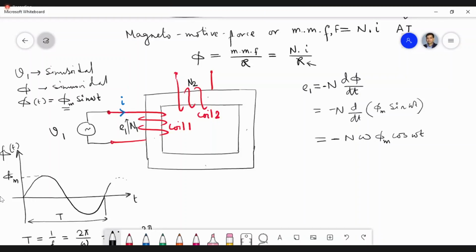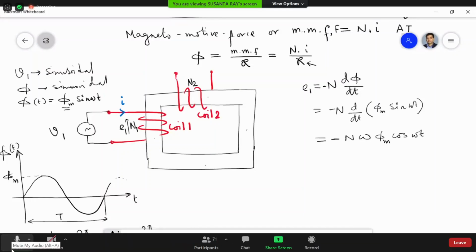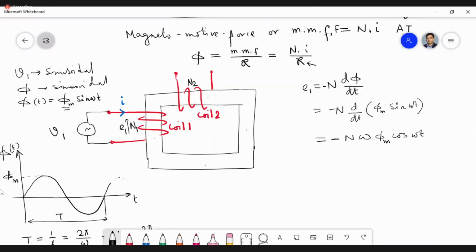So that means what type of waveform are we getting? Is it a sinusoidal waveform or different? Sinusoidal. So after differentiation also, we are getting sinusoidal only, isn't it? The amazing thing. Now, for a sinusoidal quantity, we are interested in a specific value of it.